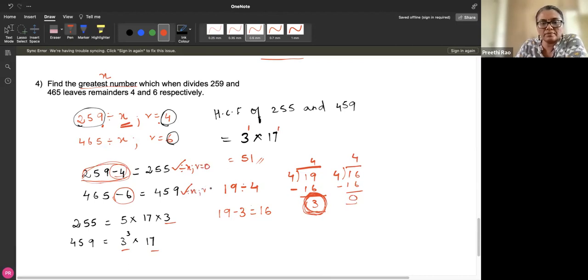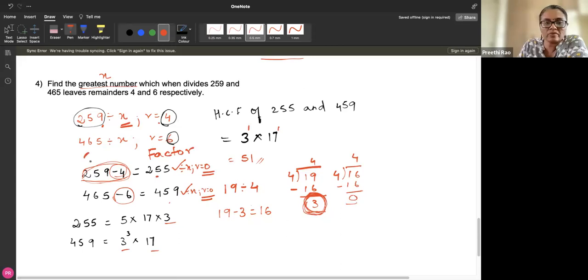So we are looking for a number that will divide both 255 and 459.